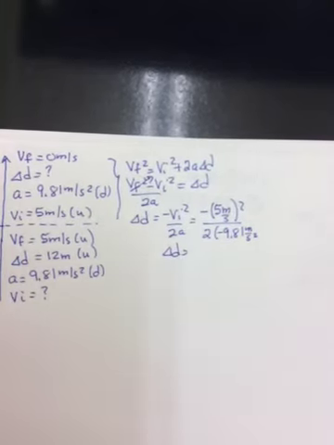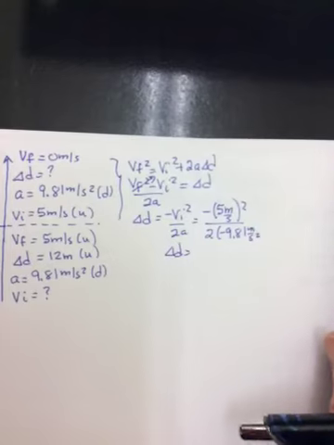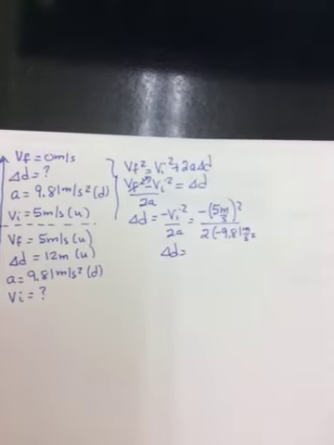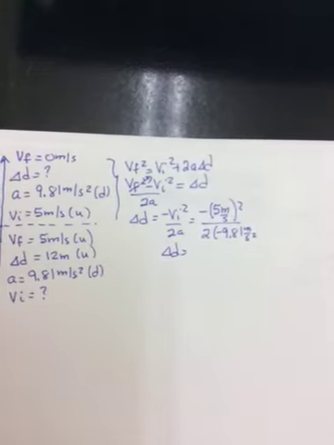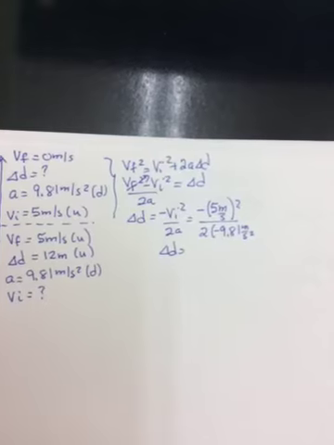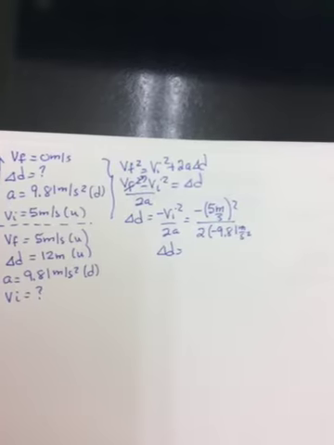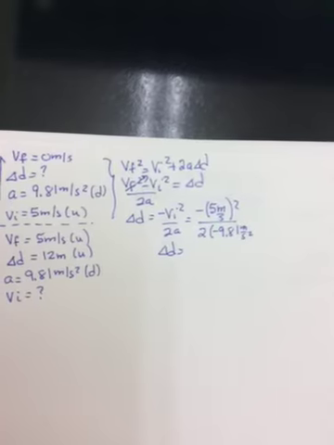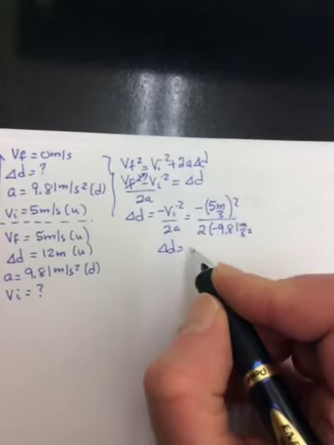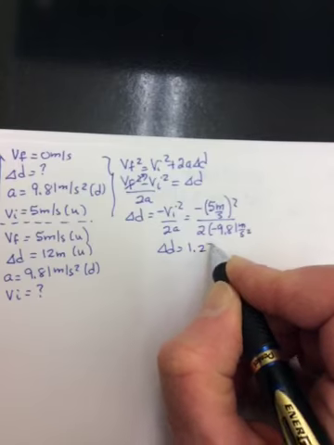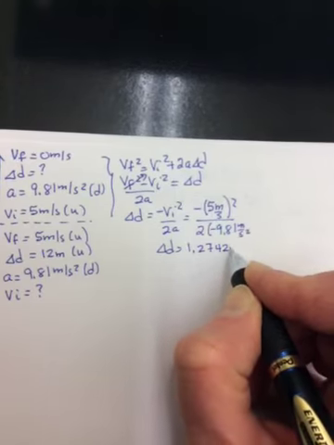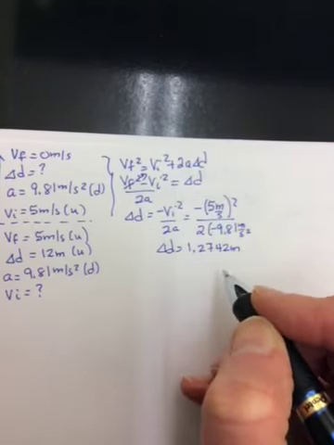All right, so 25 negative divided by 19.62 should give you 1.2742 meters.